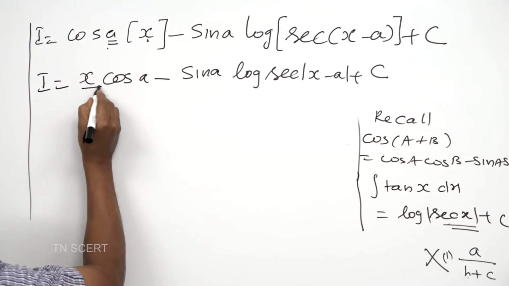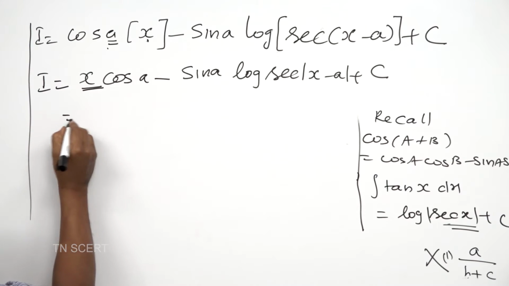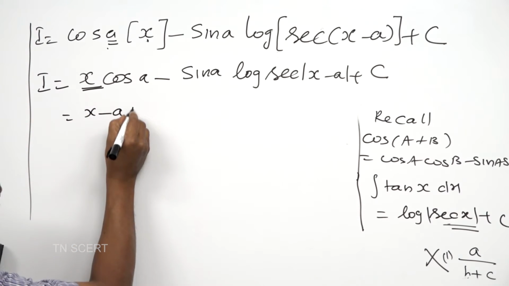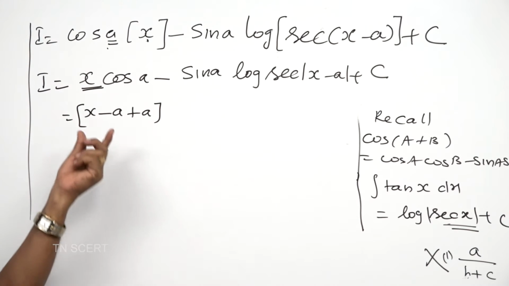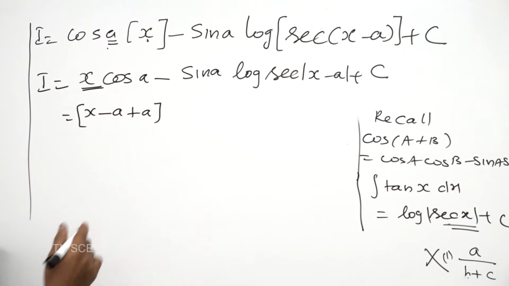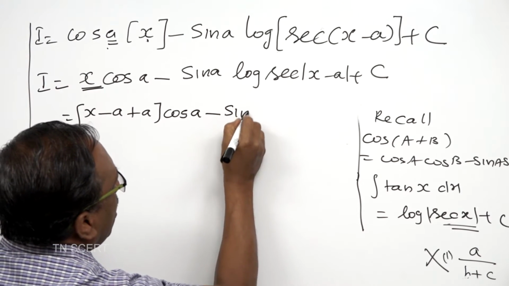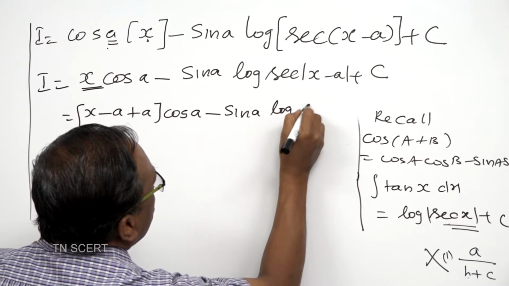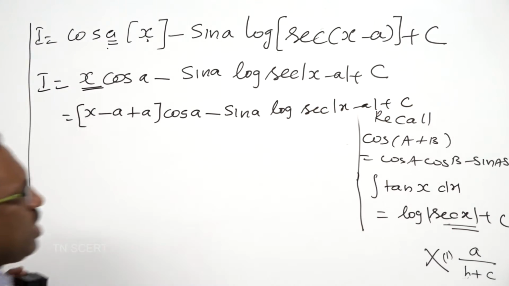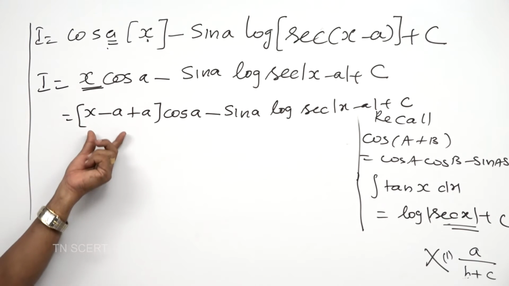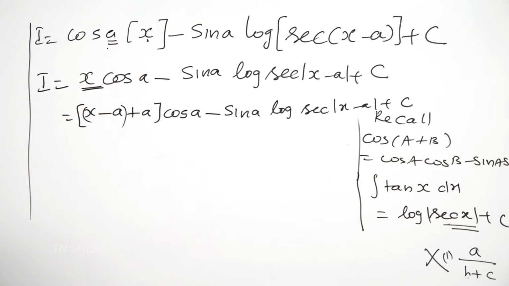What we can do, this x only, once again the same x only we disturb. How? We can do minus a plus a. Once again we are doing this kind of modification with cos a minus sin a log of secant of (x minus a) plus c. Dear students, here I have done once again the same kind of technique.